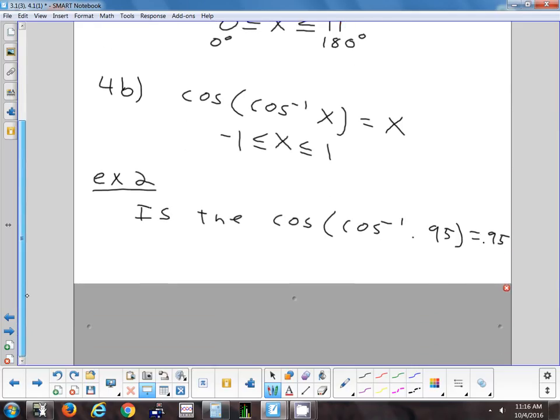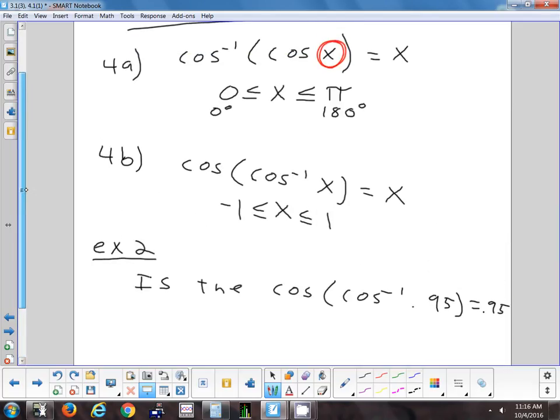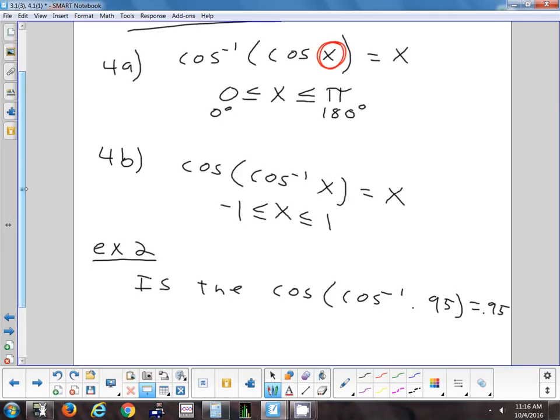Okay, so this time we'll just try 2 of them. Okay, Jesse, this first one, it's got regular cosine on the outside. So is that more like formula 4a or 4b? 4B. Yeah, that one's going to be 4b.